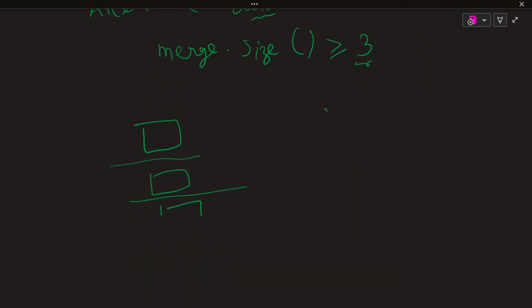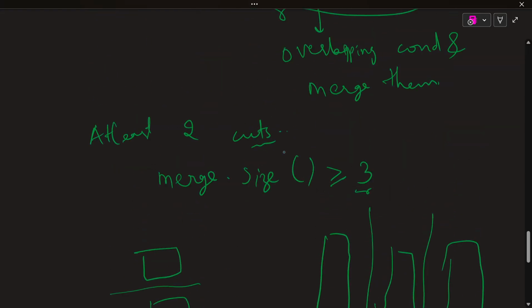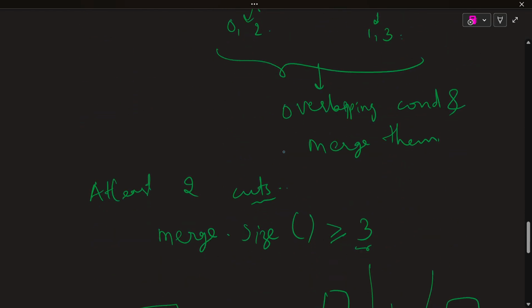Similarly, in the vertical cuts also, if there are three rectangles, then the minimum possible number of cuts is two. This is the possible condition and the brute force way to solve this problem.